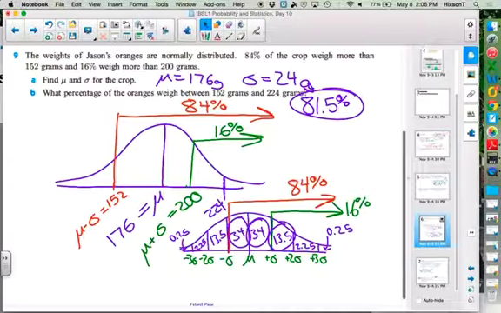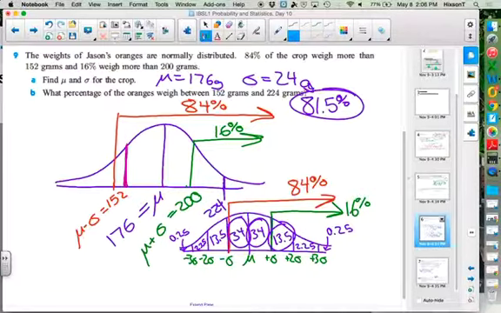For example, and this is where we're getting into new stuff, guys, what if I wanted the percentage or the probability, it's going to be the same thing, of these oranges that were between 160 grams and, let's say, 190 grams?